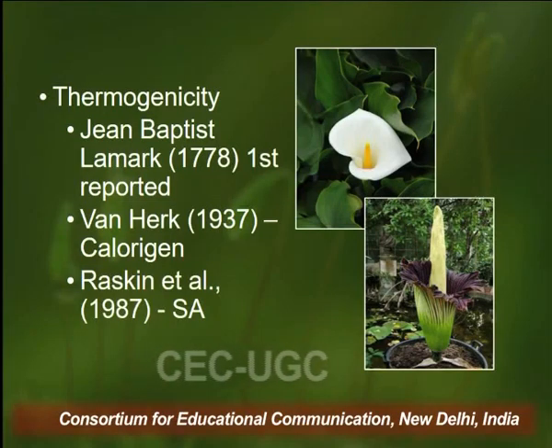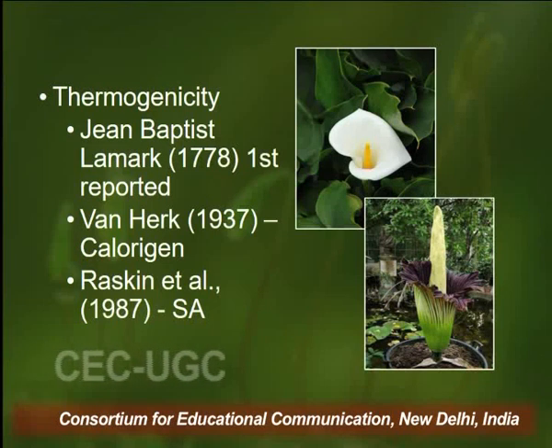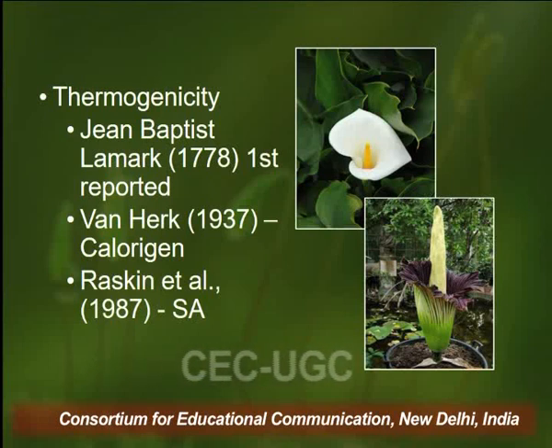Thermogenicity is an important effect of salicylic acid, and it is the genesis of heat in the plant. It was Jean-Baptiste Lamarck in 1778 who for the first time reported this effect in the arum lily, and he found that whenever flowering occurred, the temperature of the male reproductive organ in the flower increased tremendously.